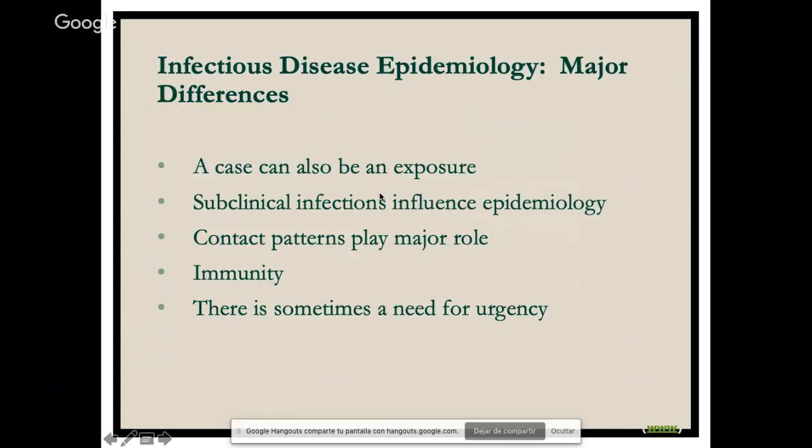Then subclinical infection may influence epidemiology as well. It also studies the contact patterns and their role in this interaction, and also studies the immunity of the person and the population. And sometimes there is a need for urgency.